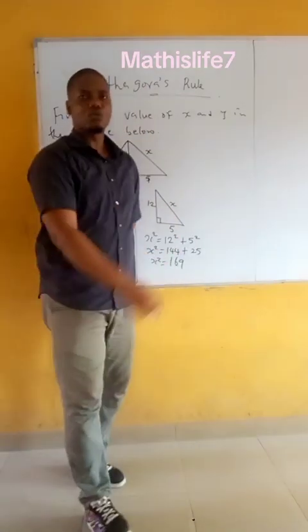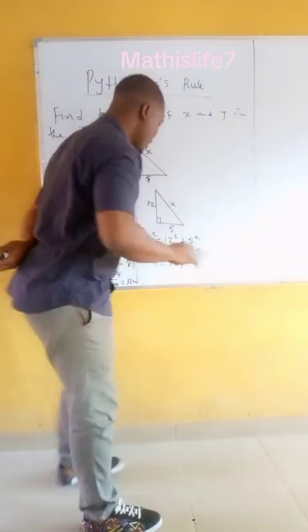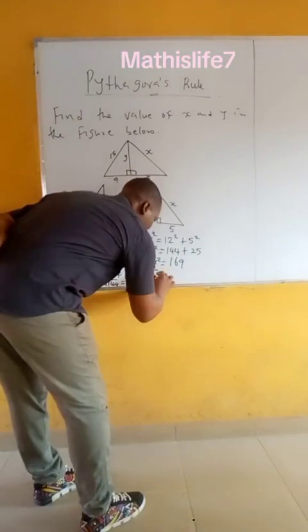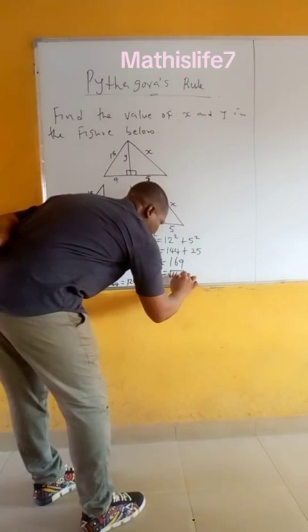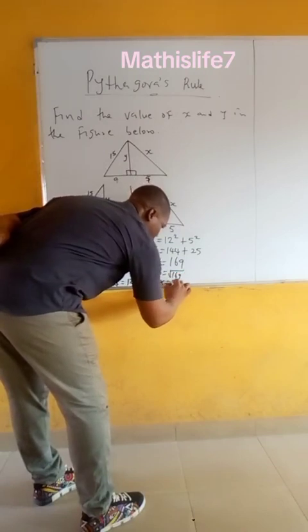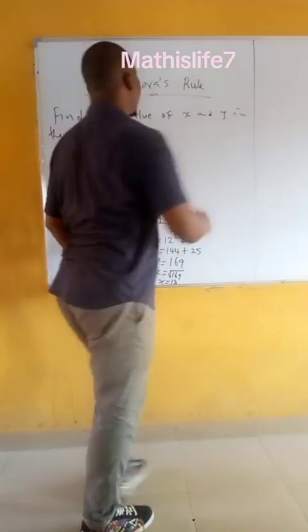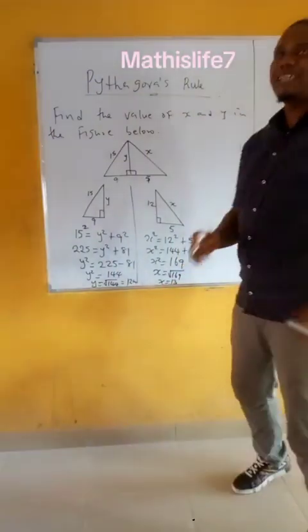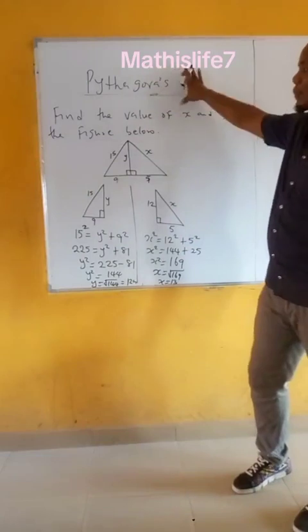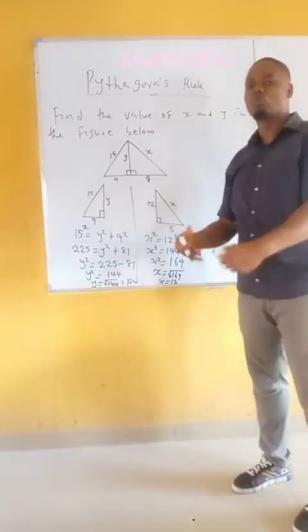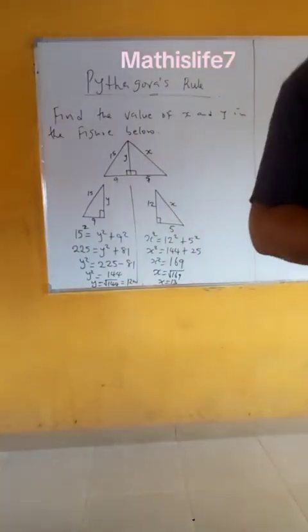What will I do from here? I'll just take my square root of both sides, so x is equals to the square root of 169, while x is equals to 13. This is the simplest procedure and the easiest way to simplify questions under this topic when you have double triangles joined together. Pythagoras rule.